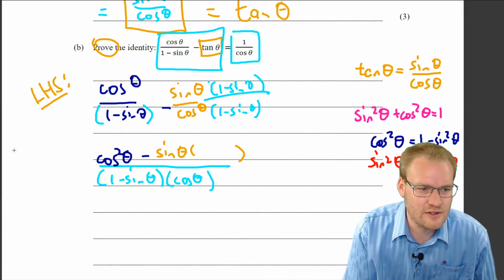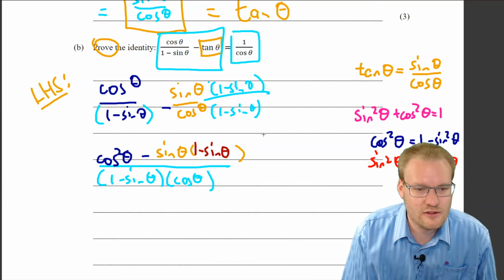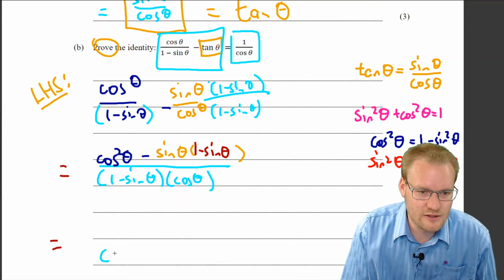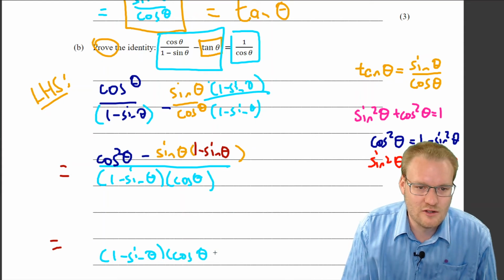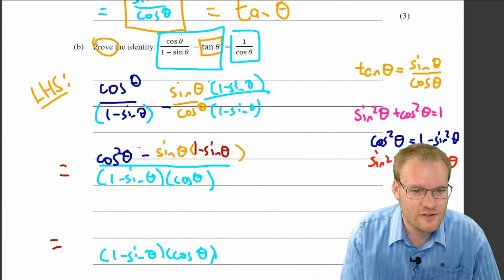So let's make that 1 minus sine theta. Cool, those things are equal. From there, I'm not going to bother doing anything with the denominator.